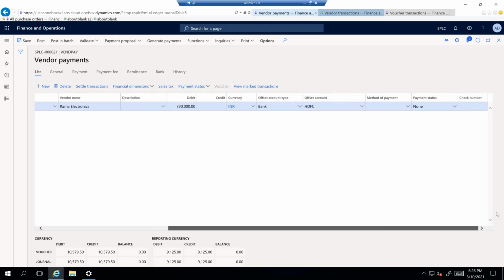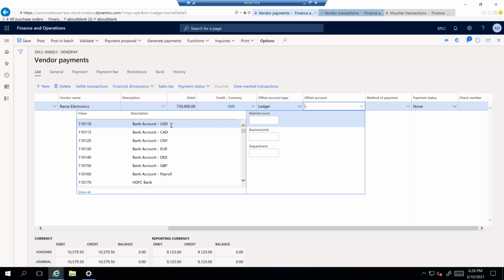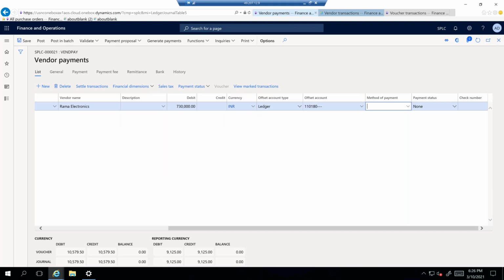So using bank, I'm doing cash for the time being. I don't want that process like bank check generation. I'm doing cash payment. Actually, bank payment is fine, anything is fine.